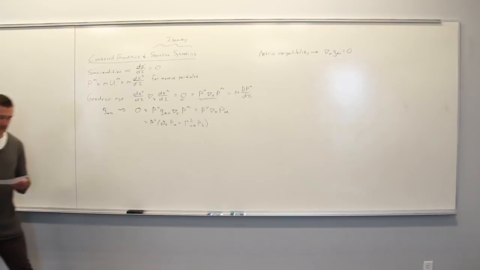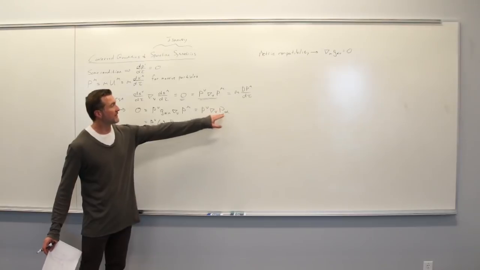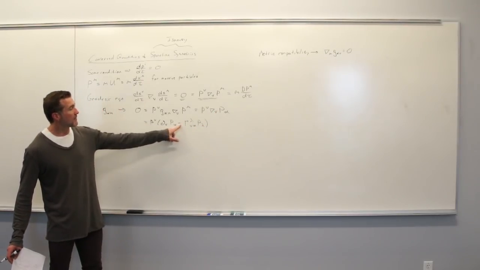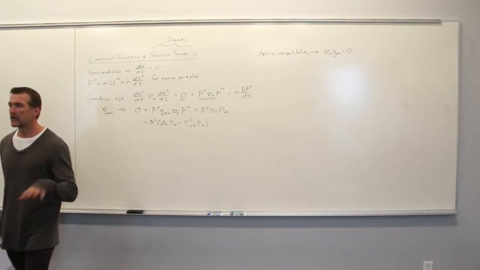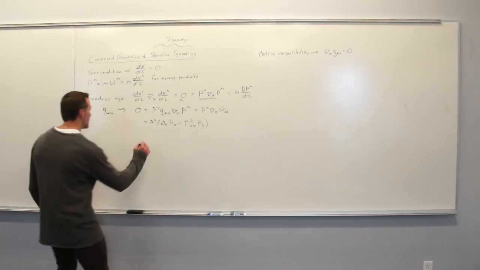So that is our usual expression for how the covariant derivative acts on a dual vector. You get a minus contribution from the Christoffel connections, and then all the indices just have to sort themselves out. Yes? Okay, good. I like questions like that.